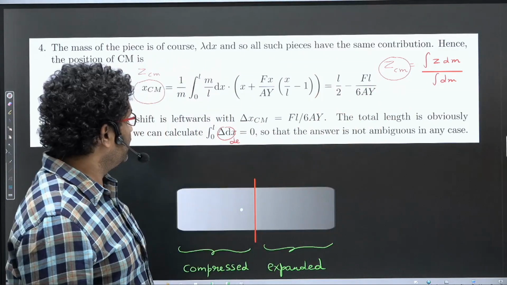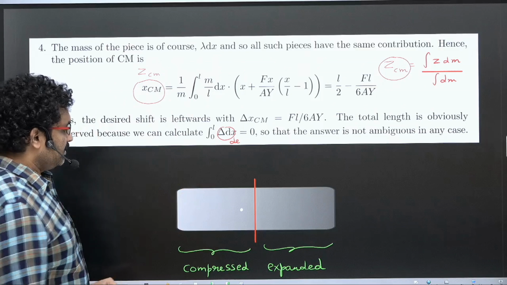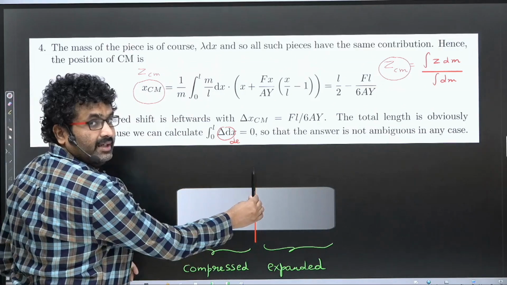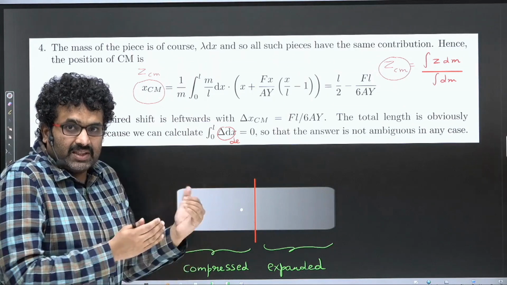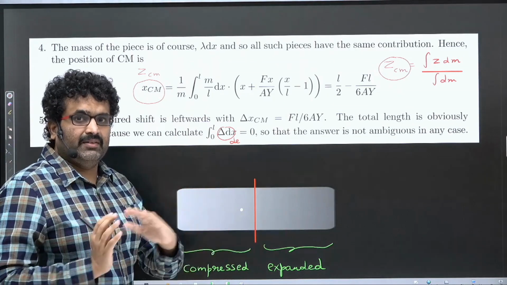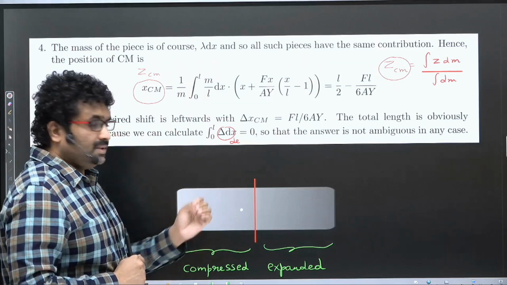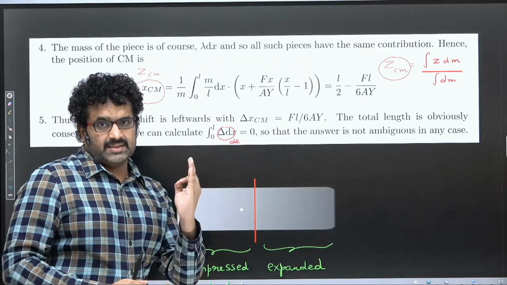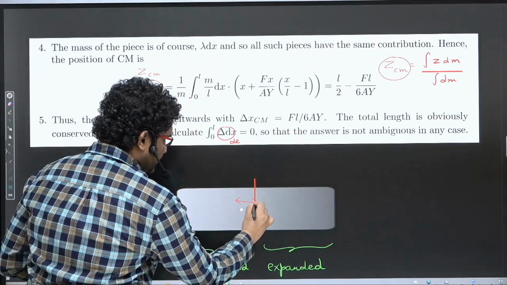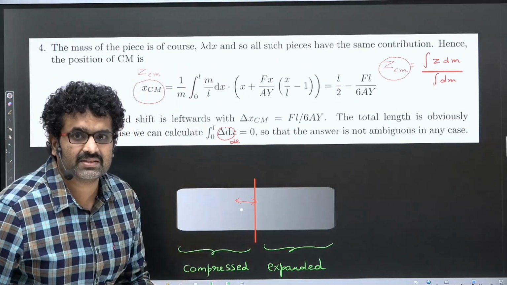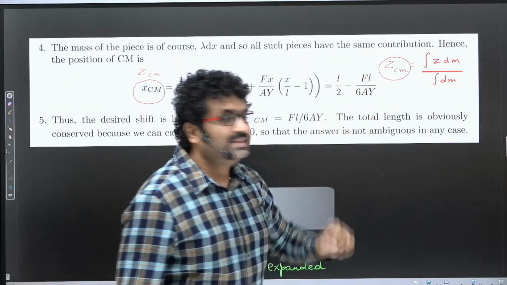Okay, right. So what does L by 2 minus that number mean? From this end it was at L by 2 minus. So as expected, because the left side is denser than the right side but they have the same mass, the center of mass is expected to lie on the denser side, which is the left side, and this distance is what our answer was, which is this number, FL by 6AY.